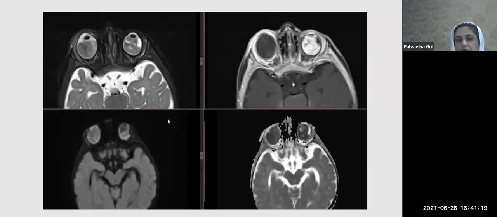So in this particular case, this was a typical case, but the non-enhancement was making us confused. Use your common sense and look at other sequences. This was retinoblastoma which has lost its blood supply because of swift growth, and was non-enhancing.